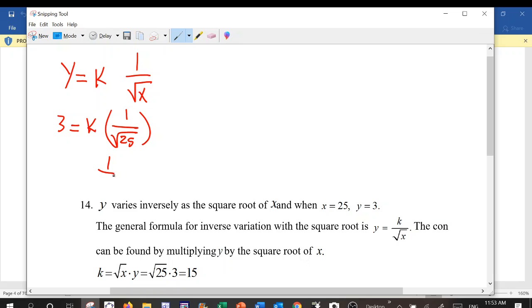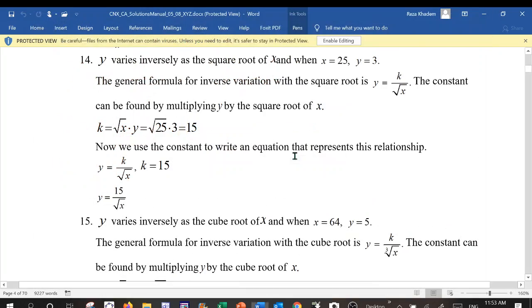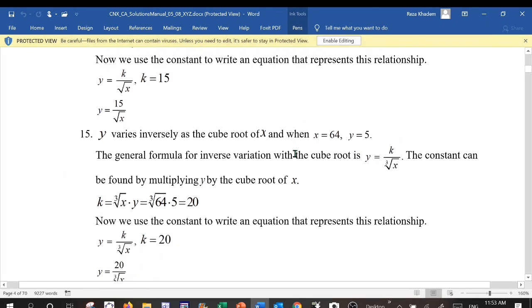So that means 1/5 k equals 3. So k equals 5 times 3, which is 15. So the relationship is, well, we can put this on the top right here. So we can put 15 over square root of x, right? All right, let's do a few more.